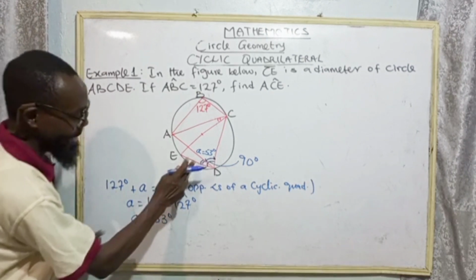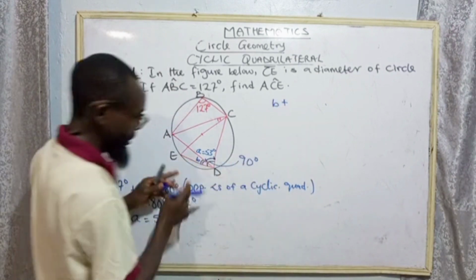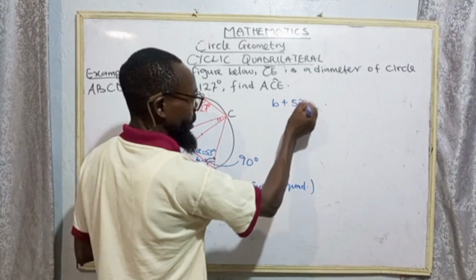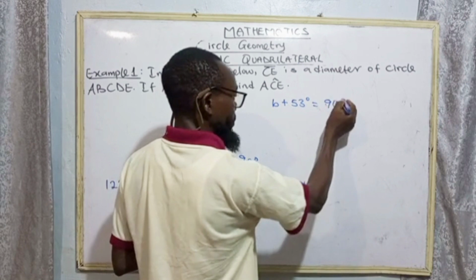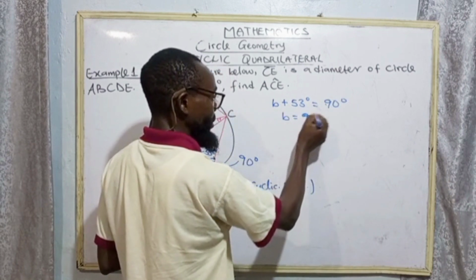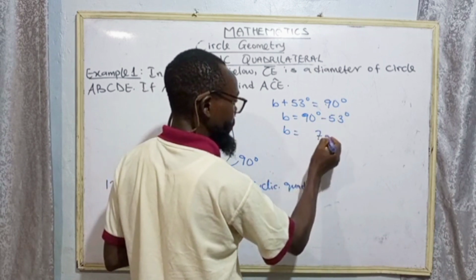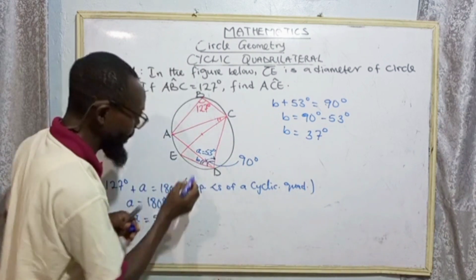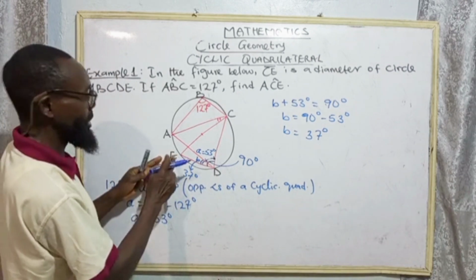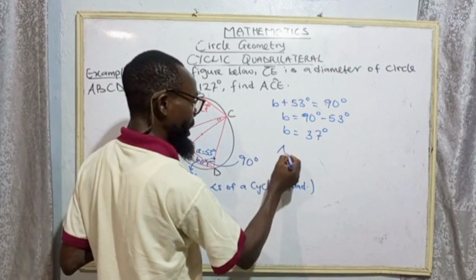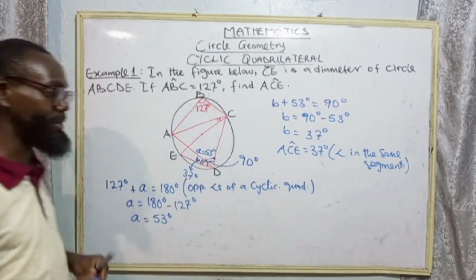Let me call it angle B. Angle B plus 53 degrees equals the total angle there, which is what? 90 degrees. So B equals 90 degrees minus 53 degrees. B equals 37 degrees. So the angle B here is 37 degrees. Definitely my angle ACE also equals 37 degrees. Reason: angles in the same segment.